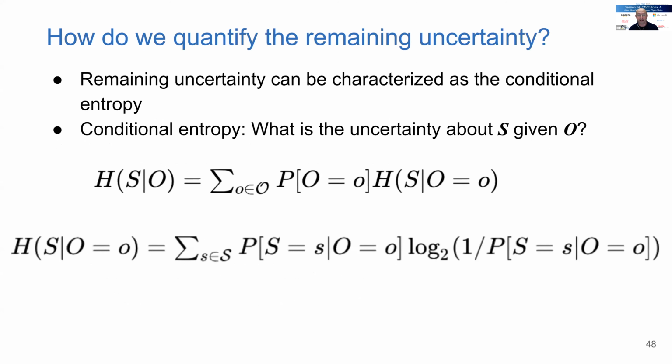So we want to formalize this concept, and you can formalize this using entropy. Now this is, again, more formalized. Entropy can also be generalized to conditional entropy. So what is the uncertainty of the secret given the output observation?